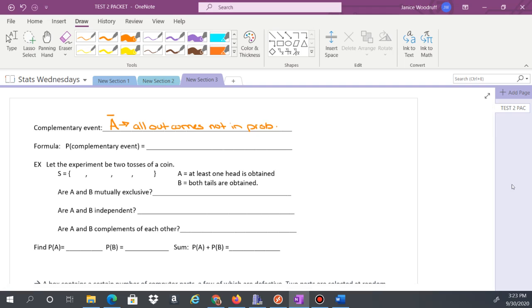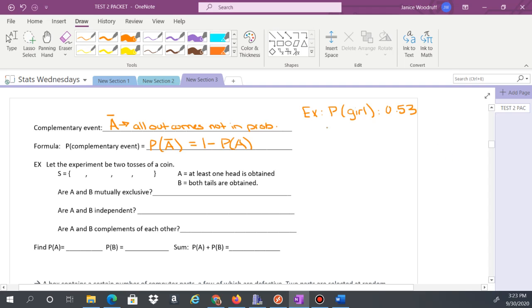So the formula for P of A with a line over it is 1 minus the probability of the event. So for example, the probability that we pulled a girl card was 0.53.